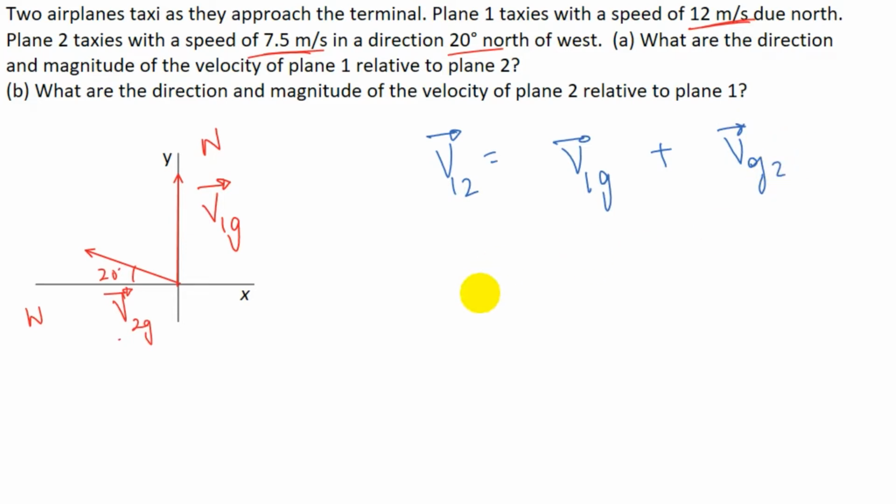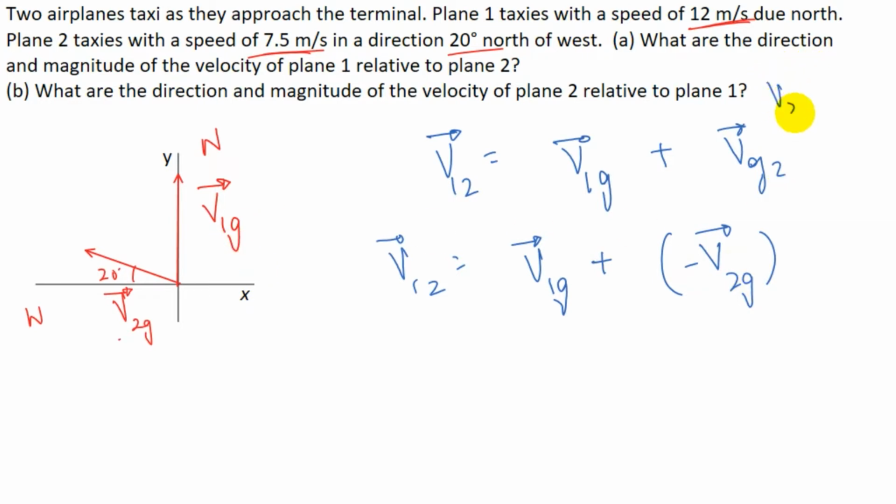We can rewrite this equation as V12 equals V1g plus, for this vector, V2g with a negative sign, because we know that V2g is the negative of Vg2. The direction is just reversed.